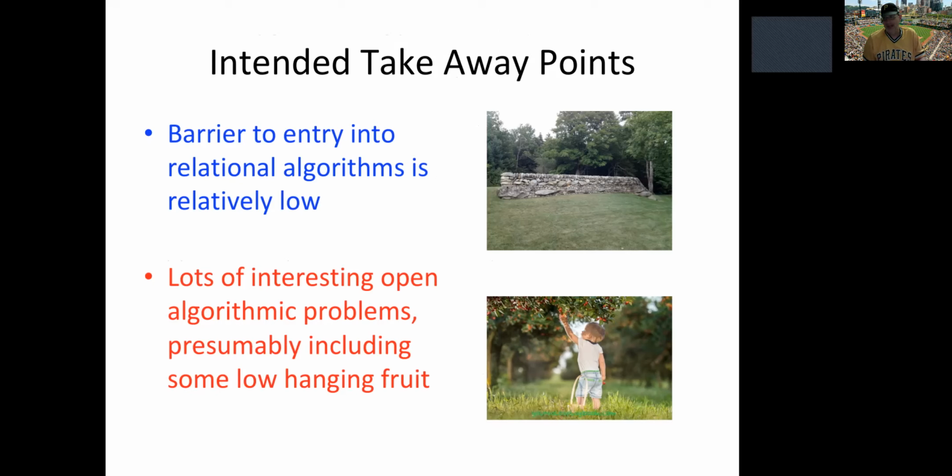There's a modest amount of knowledge that you need from the database literature, and a couple of papers in the algorithmic literature. I think the area is interesting. Presumably there's some low-hanging fruit out there. It's not a well-researched area.